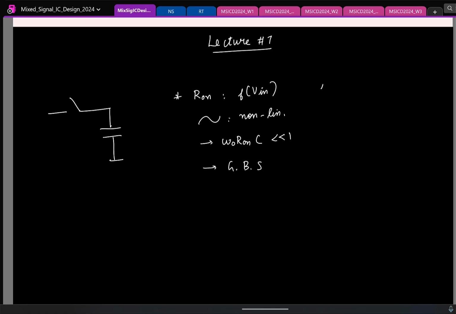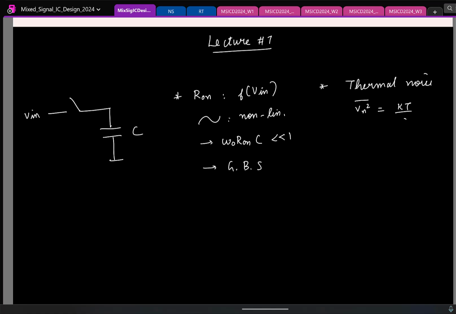And then we looked at the fact that this on resistance also generates some random thermal noise. Because of this, the sampling capacitor, along with sampling my actual desired input, also samples this noise. And what is the mean squared value of this noise?